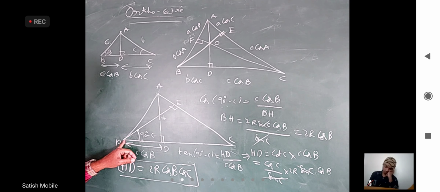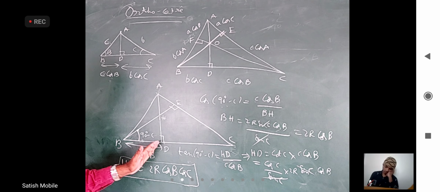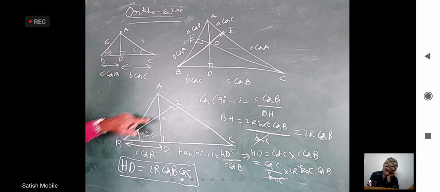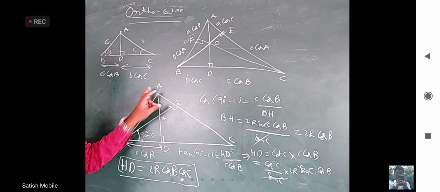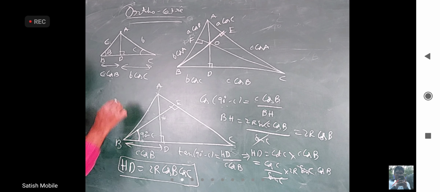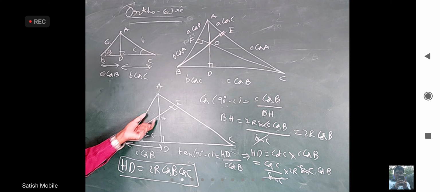Okay, because here B is there, here C is there, I think this length you can remember as 2r cos B cos C. Like that HE, what will be the length? 2r cos A cos C. And if I take HF, yes.